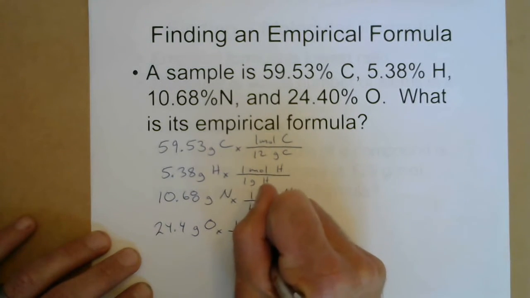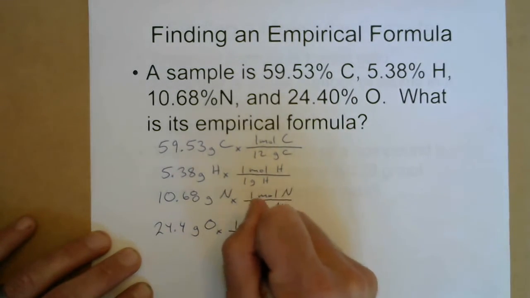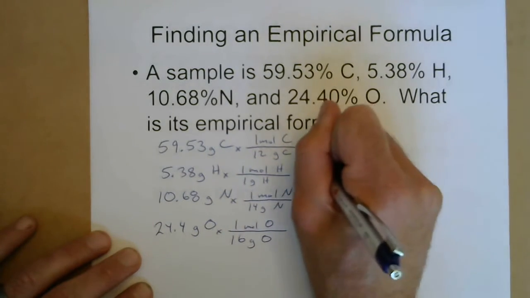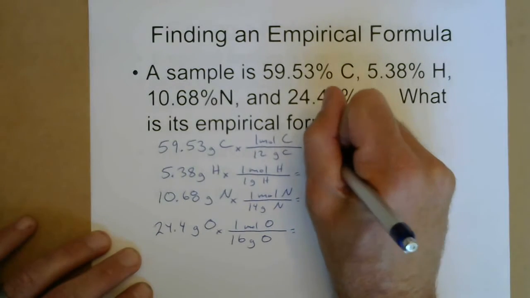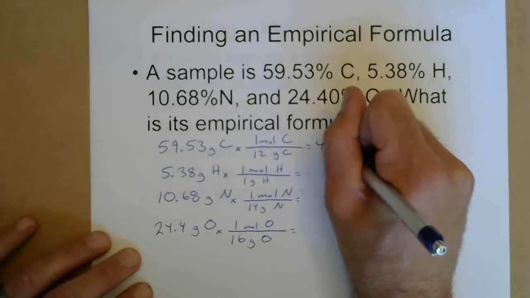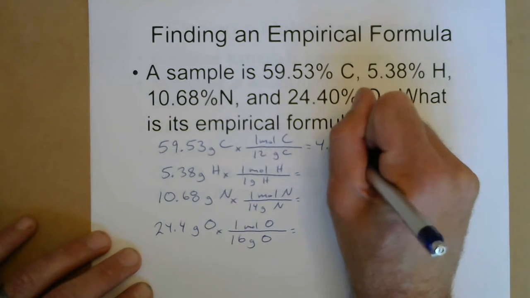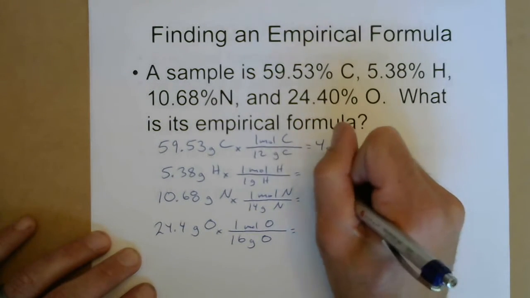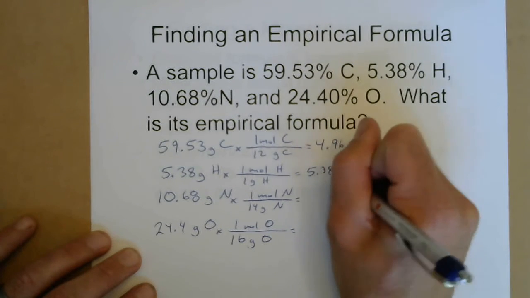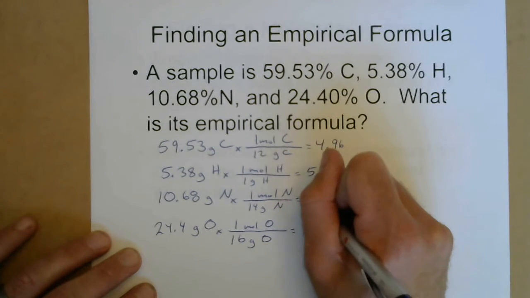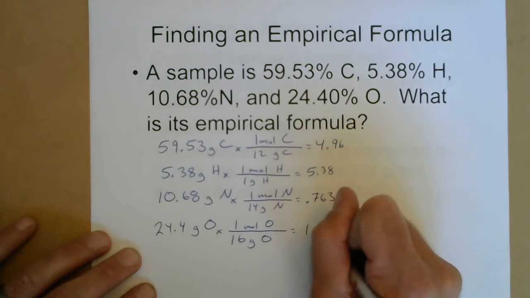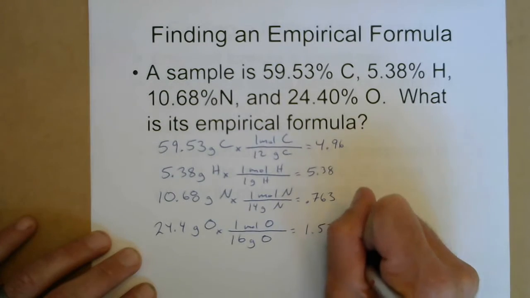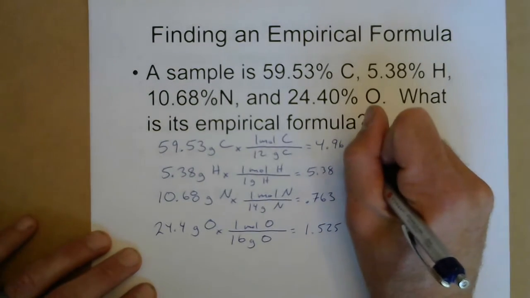And for oxygen, 1 mole is equal to 16 grams. All right, so you'll calculate those on your calculator, and you get 4.96. You get 5.38. You get 0.763, and you get 1.525. All right, so we converted everything to moles.